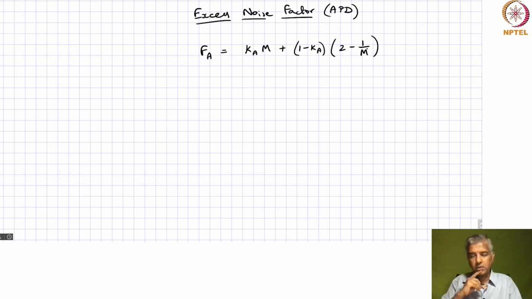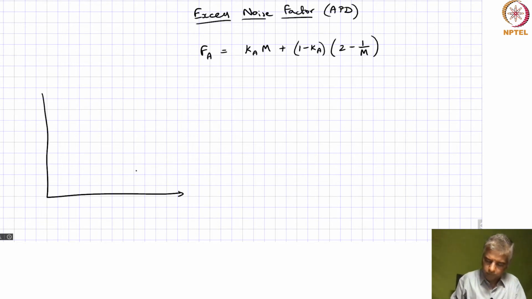So now let's look at how this works. Let's plot a graph of F_A, the excess noise factor, as a function of M, and look at the role of Ka in terms of the excess noise factor.